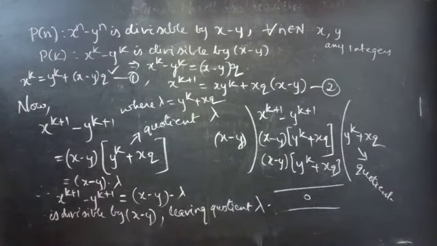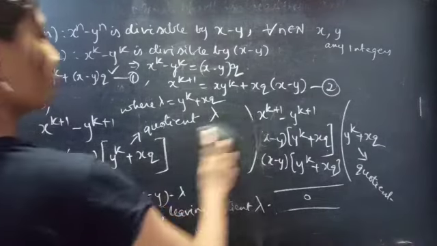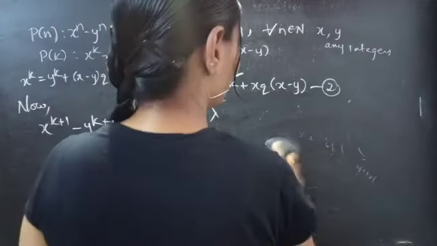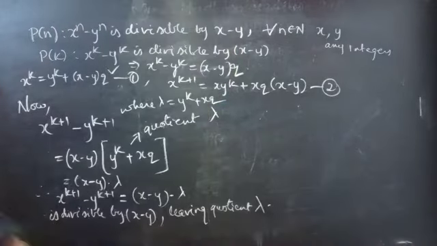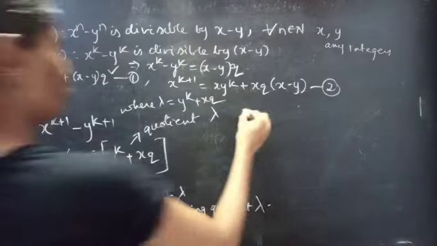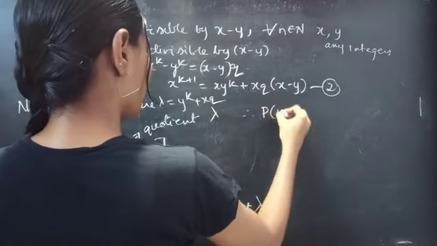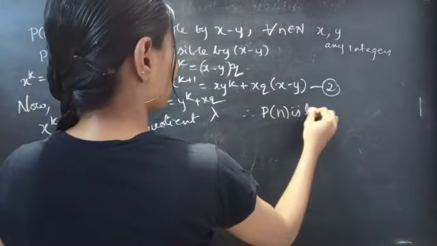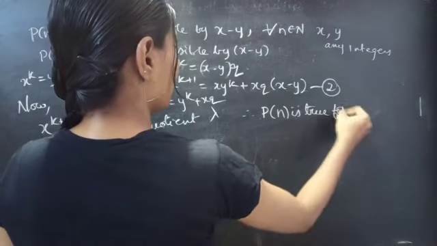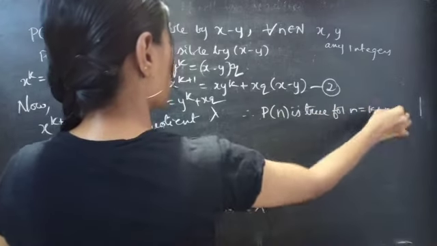From this we can say that P of n is true for n equals k plus 1.